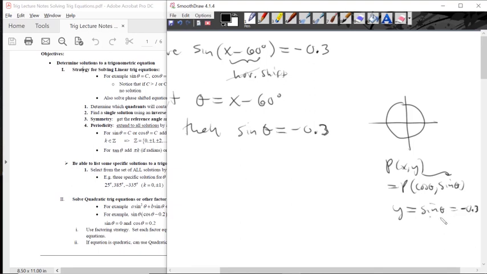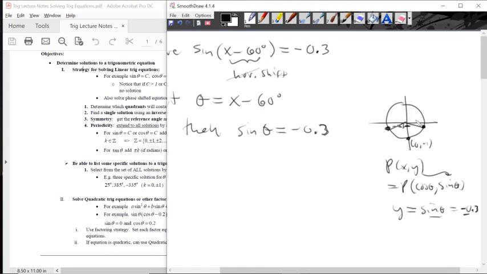The sign is going to be negative. If this is the point 0, negative 1, then negative 0.3 is around here or so. That would intersect the unit circle here and here in terms of a y coordinate.